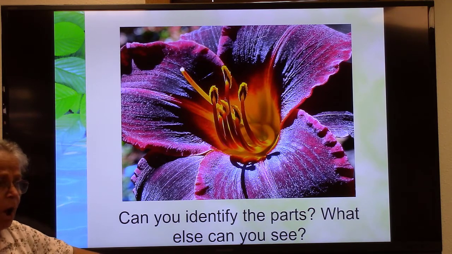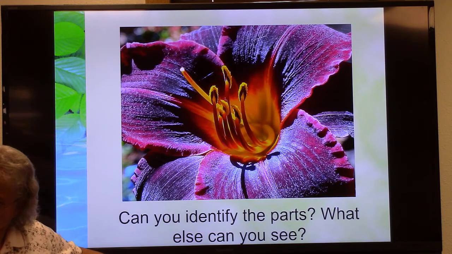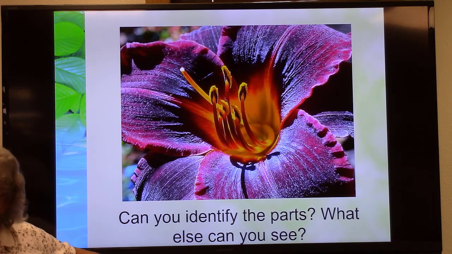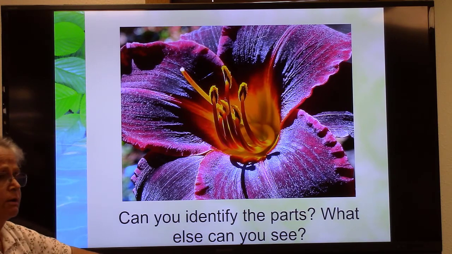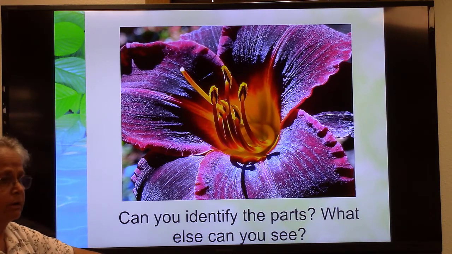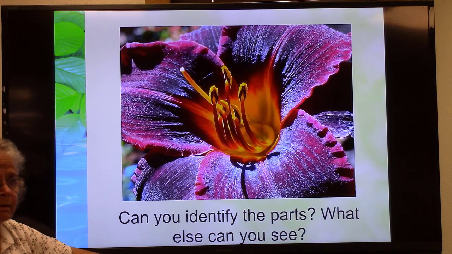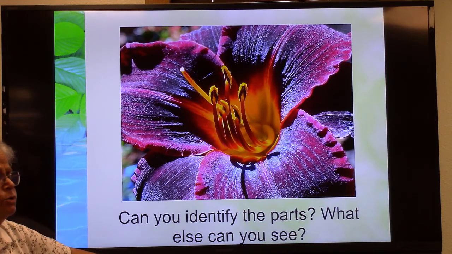So you don't have to get a whole lot of pollen on there, just a few grains. It does have to be the right kind of pollen. If that bumblebee has been visiting some other kind of flower and he's all covered with pollen from somewhere else and gets on here, the pollen that sticks won't do any good. It won't survive. It's got to be from the same kind of plant. Okay, so you can do this, but you need practice. That's all right.